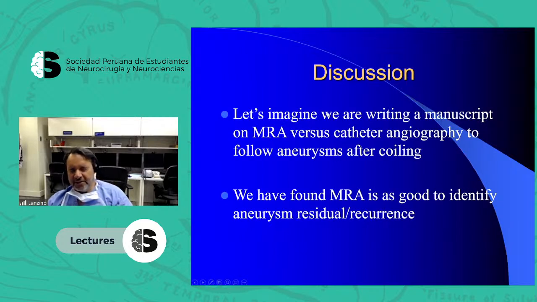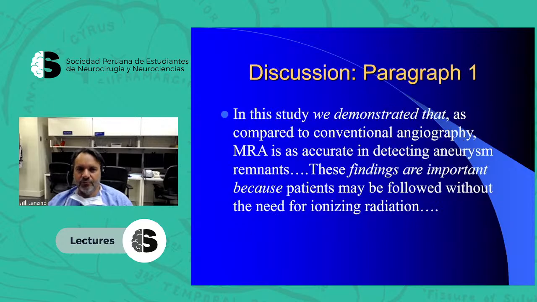Now, let's have an example here about the discussion. Let's imagine that we are writing a manuscript on MRA versus catheter angiography to follow aneurysms after coiling. In our study, we have found that MRA is as good as catheter angiography to identify aneurysm residual or recurrence. So how are we going to structure our discussion?